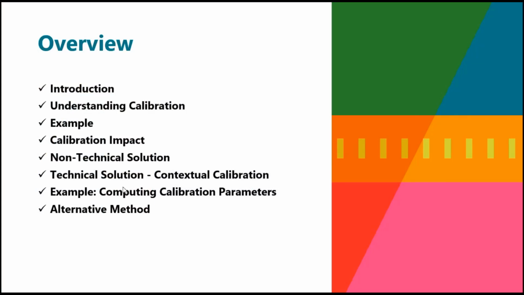We will show you a real example to make it crystal clear, and we will then talk about how calibration can affect things. Plus, we will explore two ways to do it. One that doesn't require much technical knowledge, and one that's more technical, which is called contextual calibration.